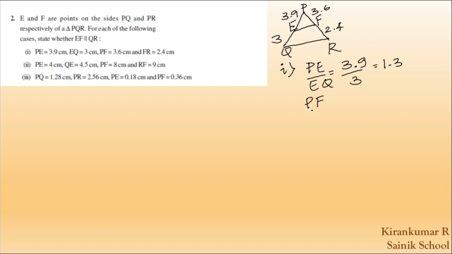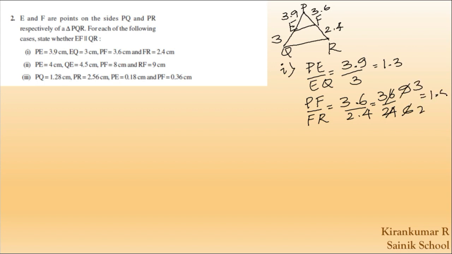PF upon FR is 3.6 upon 2.4. This is nothing but 36 by 24. 4 nines are 36, 4 sixes are 24, 3 threes are 9, 3 twos are 6.